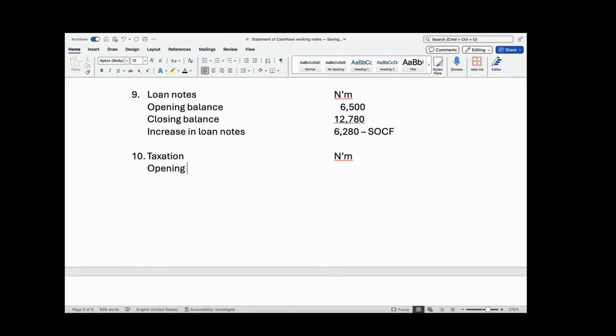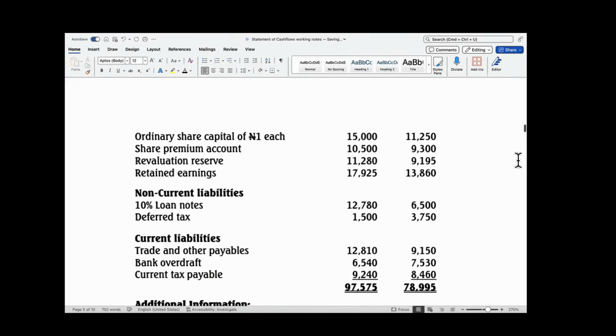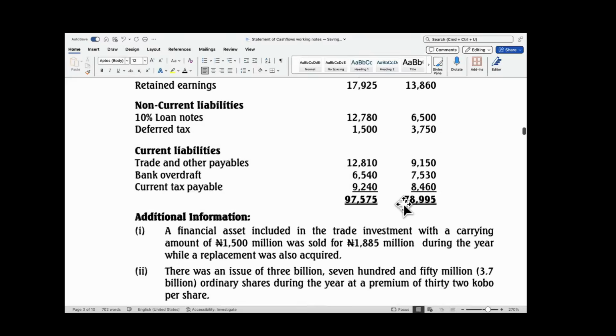So I'll have my opening, the deferred tax and also the current tax. What was the opening of the deferred tax? That's 3,750.